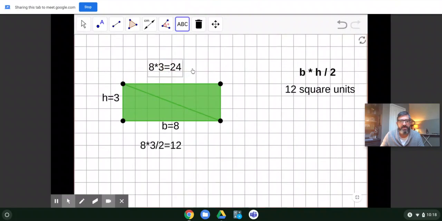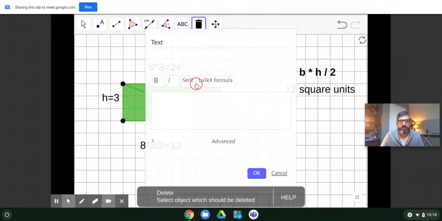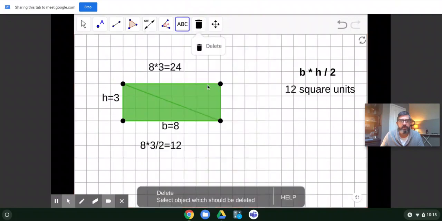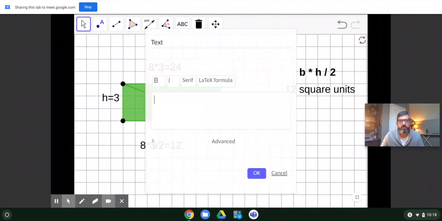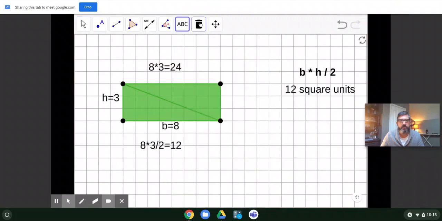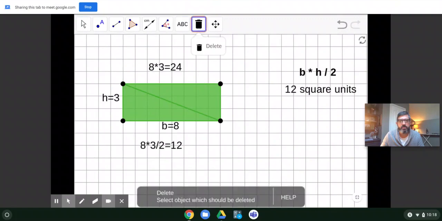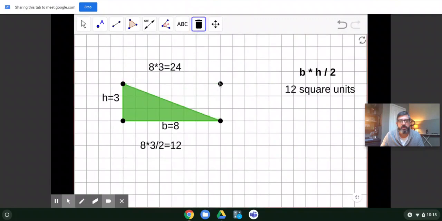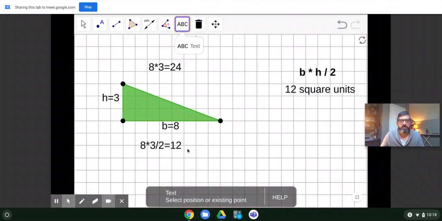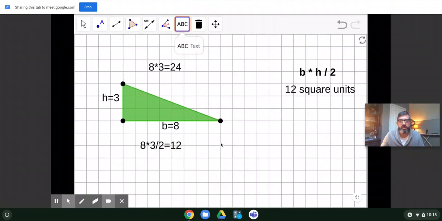But if we take half of that to find the area of the triangle, we use this formula down here, and we get 12 square units.